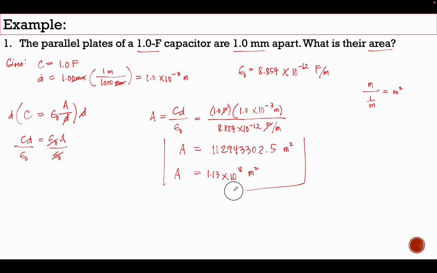So this is the area of our parallel plate capacitor, given the capacitance, which is equal to 1 farad, and also the distance of the two parallel plates, which is 1 millimeter apart. Okay, so that is for our first example, or our example number 1.